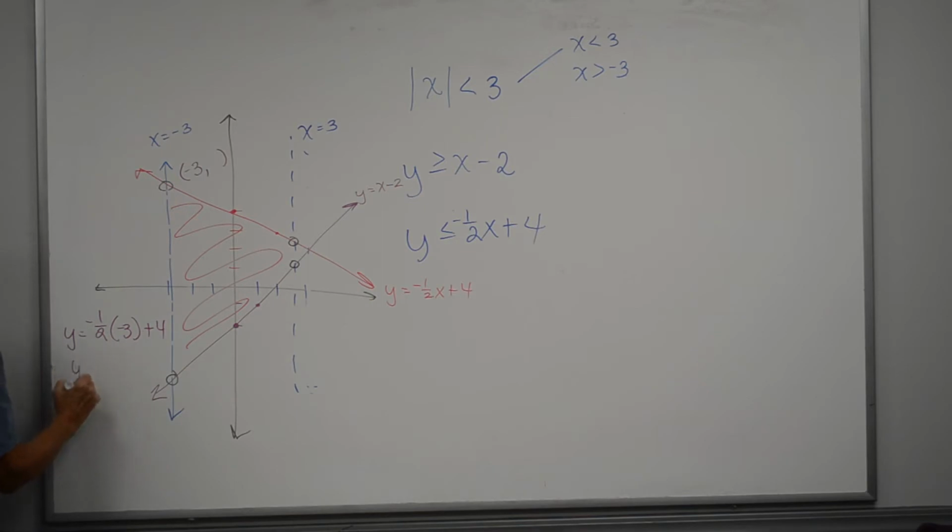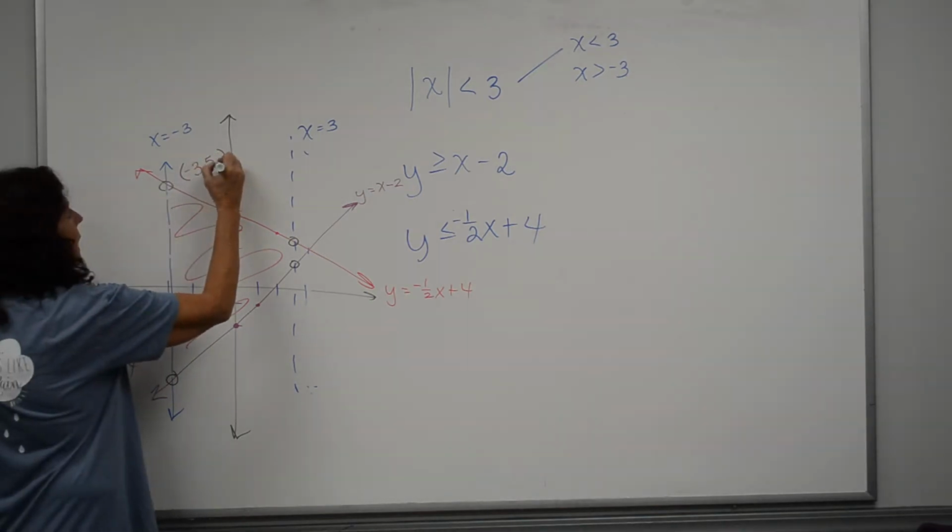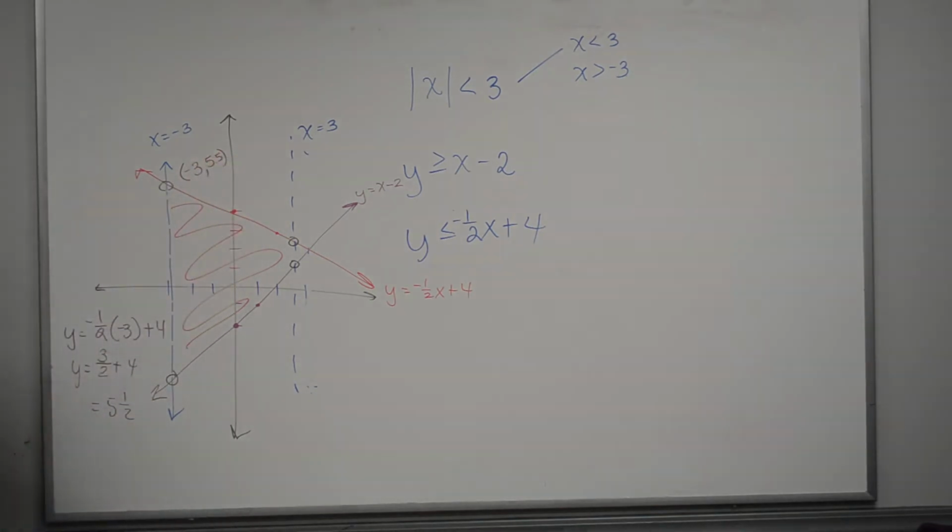So that's going to give me y is equal to 3 over 2 plus 4. That's 1/2, is it not? So 1/2 plus 4 is 5/2. If I want to, I can just do 5.5. Okay, that's the easiest way to do that.